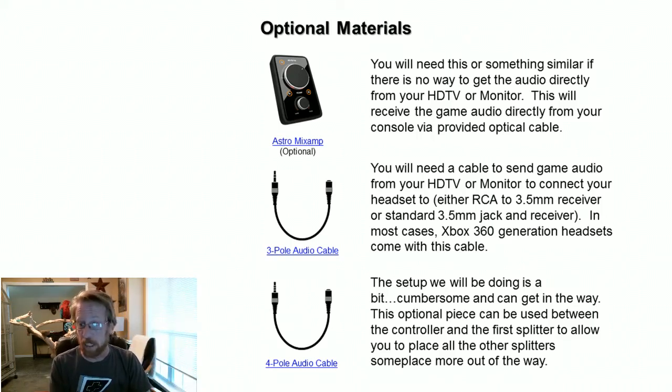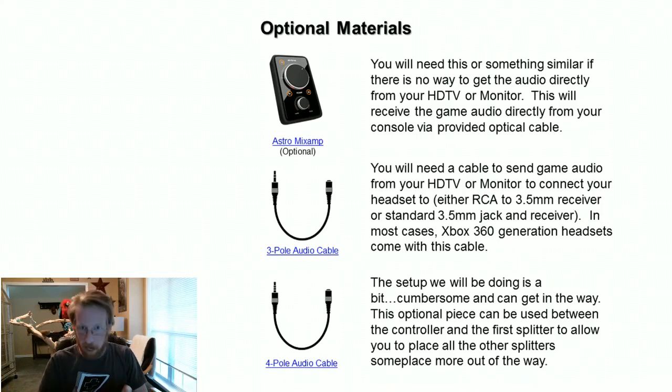The second thing you might need, depending, is a 3-pole audio cable. You may or may not need this depending on your headset, but this is the cable you're going to need to send the audio from your TV, your monitor, or whatever, near to your computer, to hook in to the audio jack for your headset.